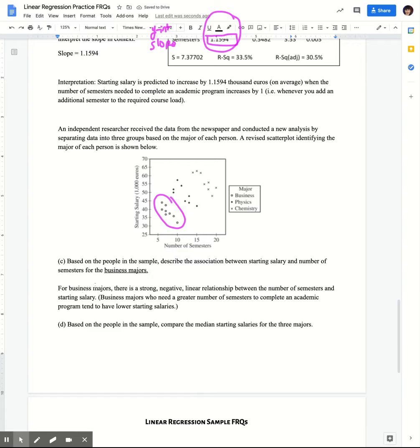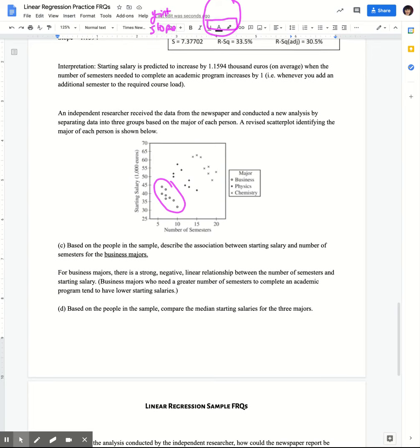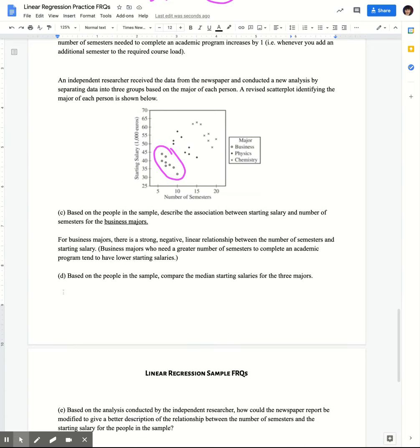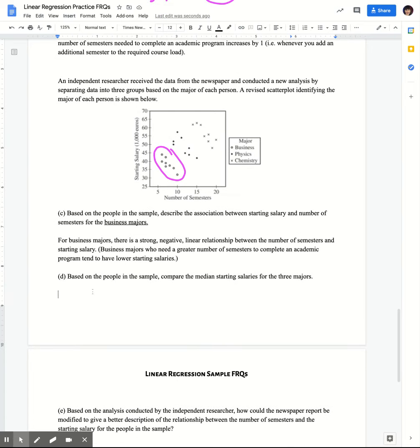Because if it takes you a lot longer to complete your degree, when you go out to try to get a job, right, you may not be able to get as high of a salary job because it took you longer to finish your degree.